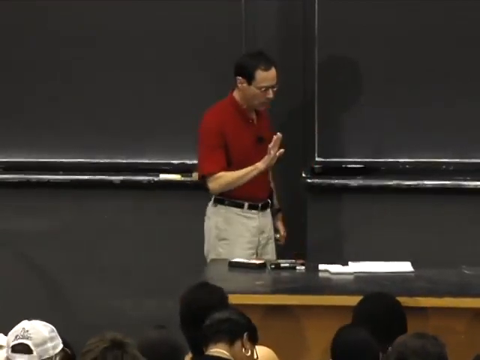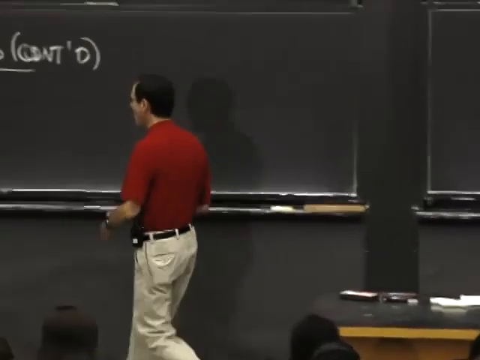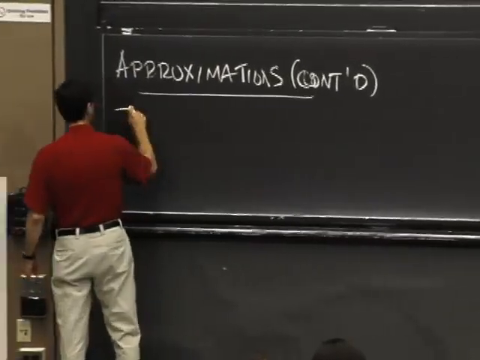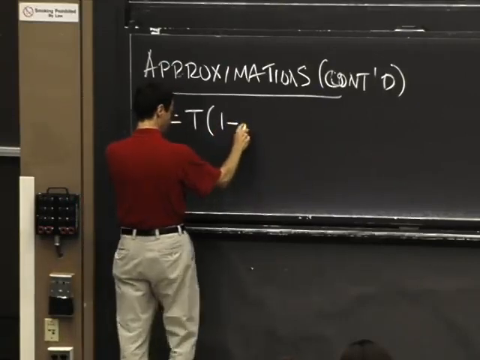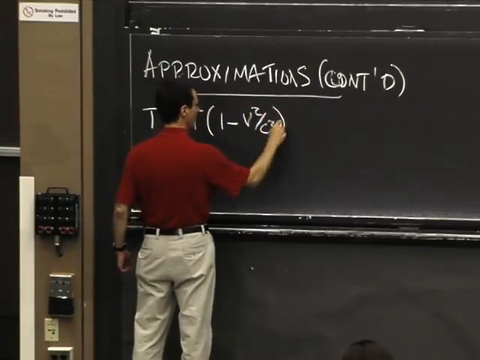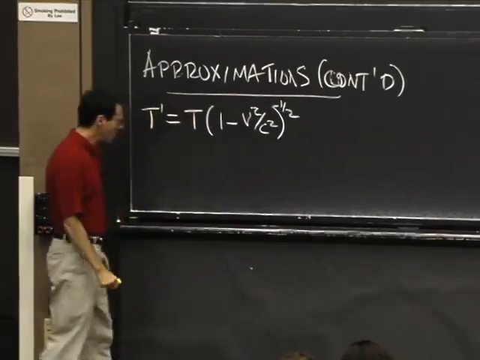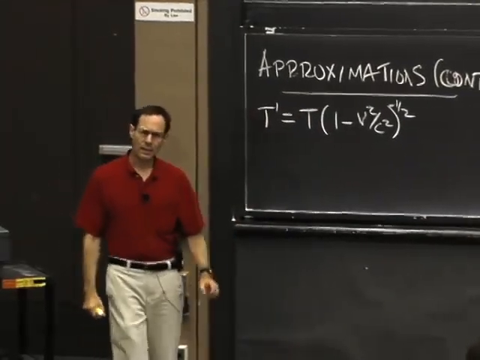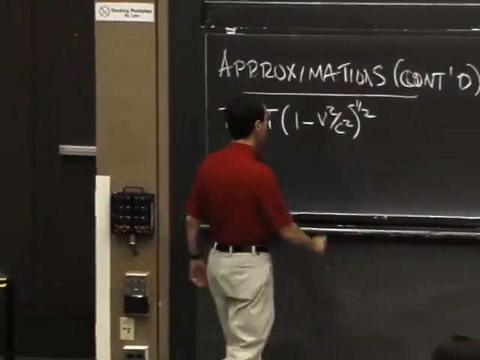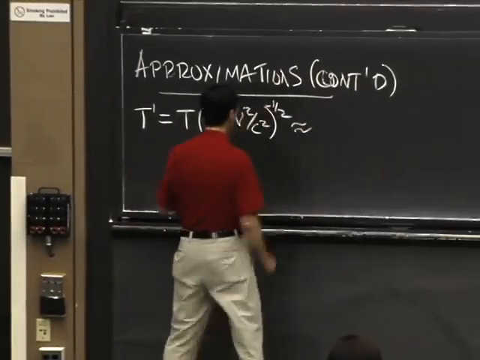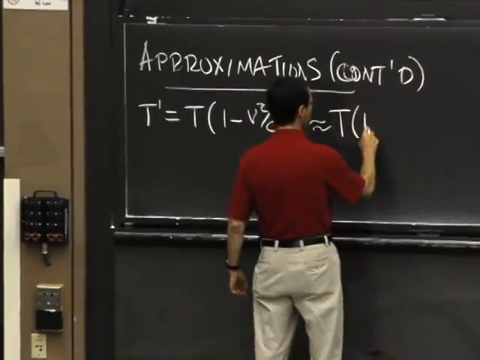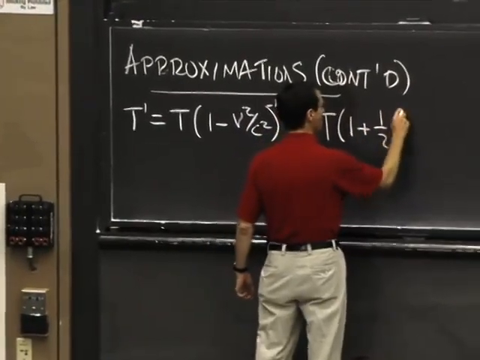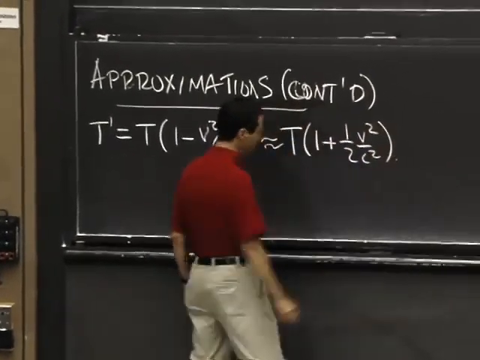So first of all, I want to remind you of the actual applied example that I wrote down last time. So that was this business here. There was something from special relativity. And the approximation that we used was the linear approximation with the minus 1/2 power. That comes out to be t times 1 plus a half v squared over c squared.